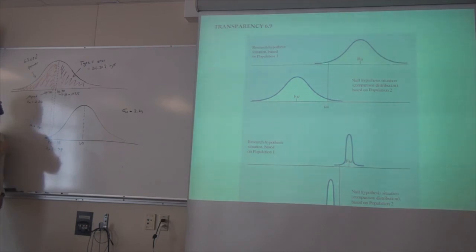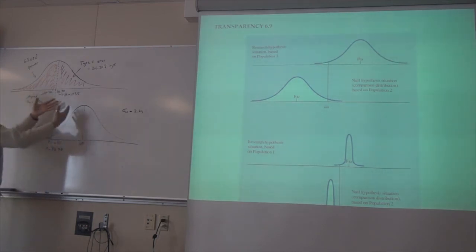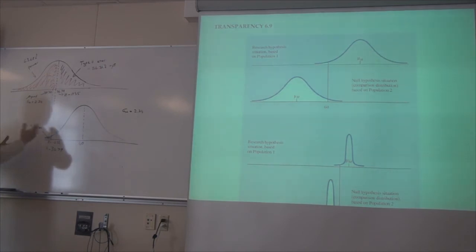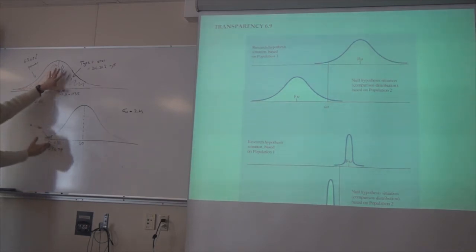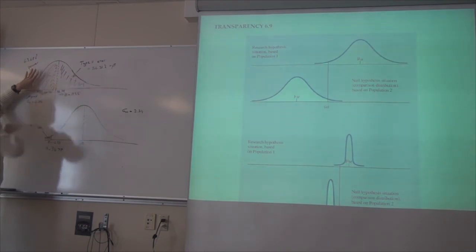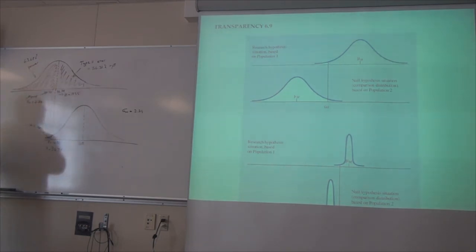So if I have a larger effect size, then this shift is going to be more, and this line is still the cutoff. The cutoff line might be the same, so this is just going to shift more to the left, and thereby decreasing the probability of making a type 2 error.